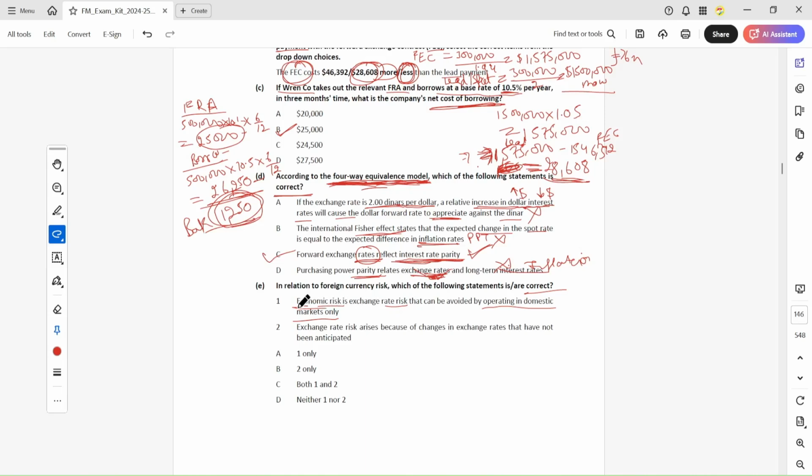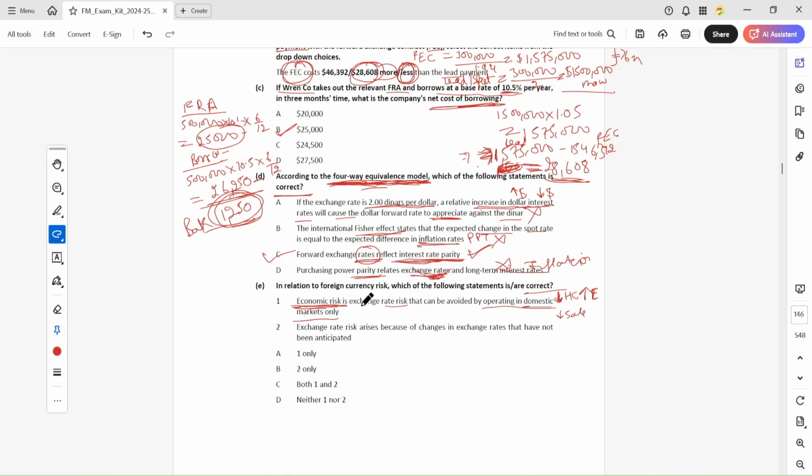No. Exchange risk is still faced by a company dealing only in the domestic market, because if our country's currency depreciates, our export will increase, so our domestic sales will decrease.